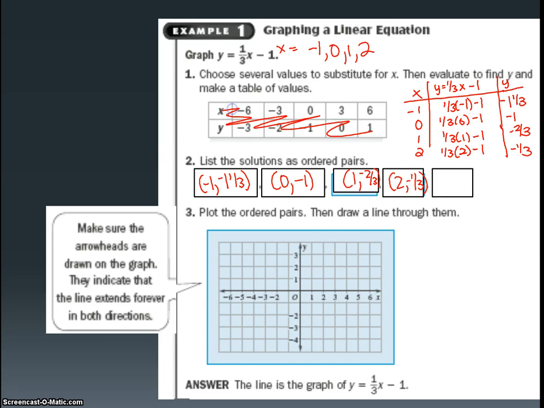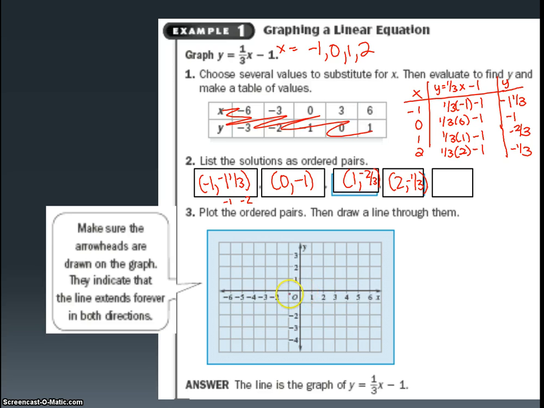So we're not going to use these numbers. Now you're probably wondering, how do I plot an ordered pair that's in a fraction? Well, -1 and 1/3 is somewhere between -1 and -2, closer to -1.